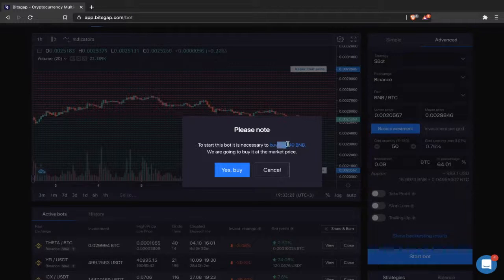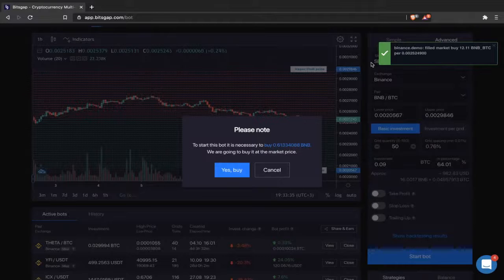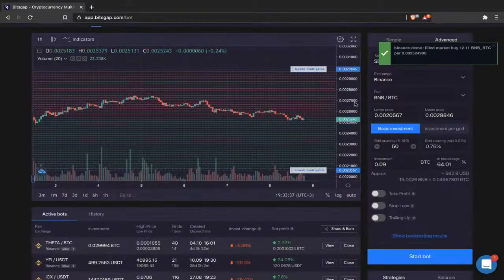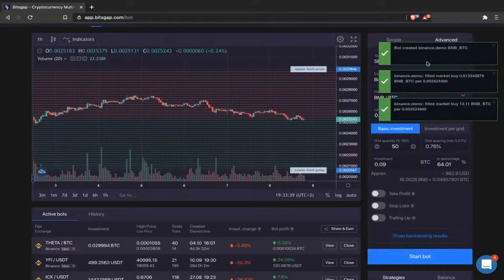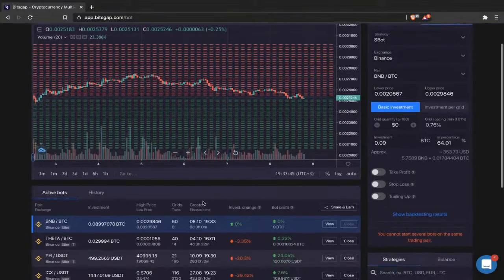So if you don't have enough time on manually buying the required amount of BNB, then you just stick to this plan, click on yes, and what you will find is that the system automatically buys the required amount of the BNB. It assigns a required amount of the quote currency, and here we go.